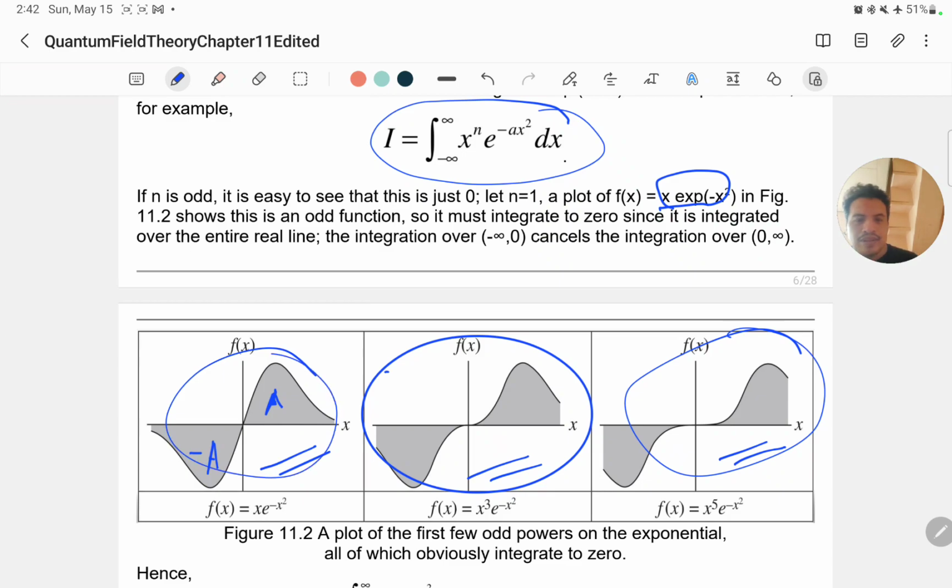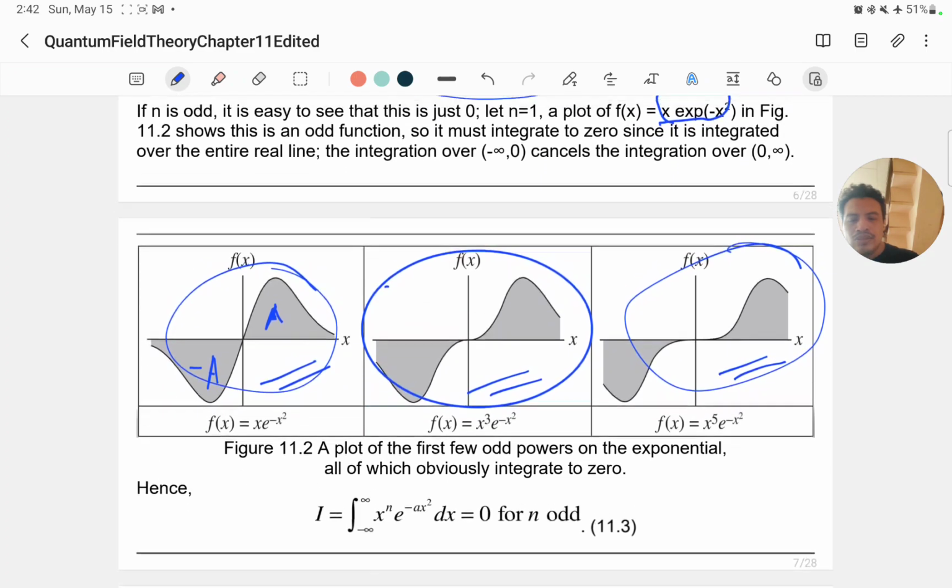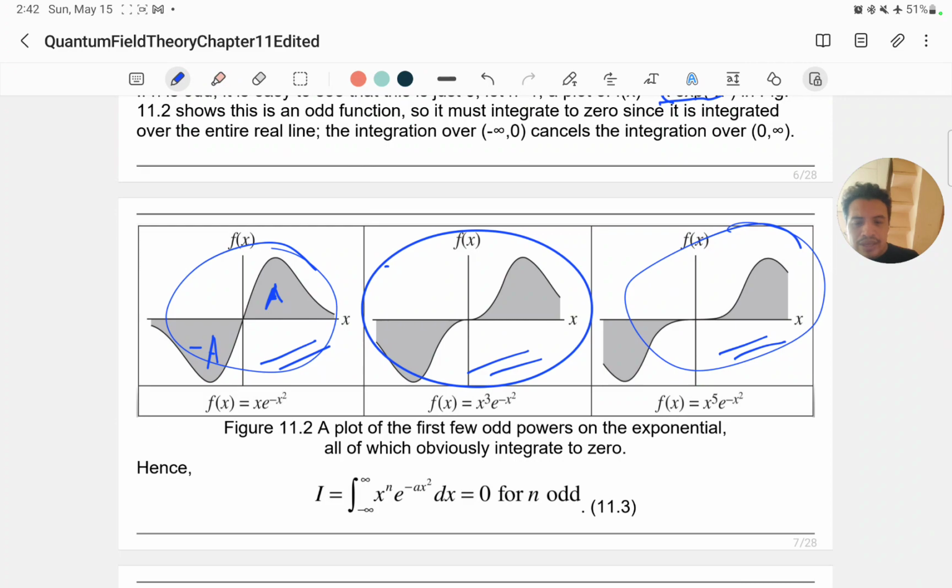The whole area. But if you choose n to be even, then it's a different story. By the way, for every n that is odd, you will have an integral that is equal to 0 for x to the n e to the negative ax squared dx integrated from negative infinity to positive infinity.